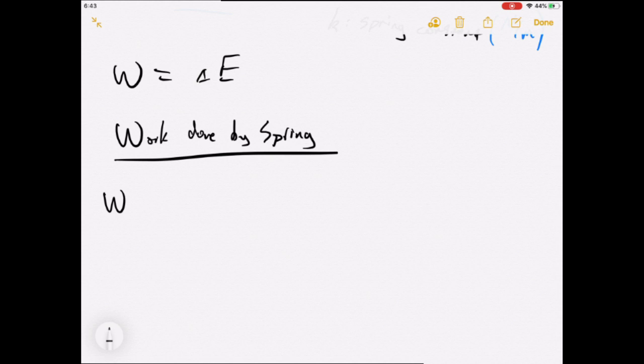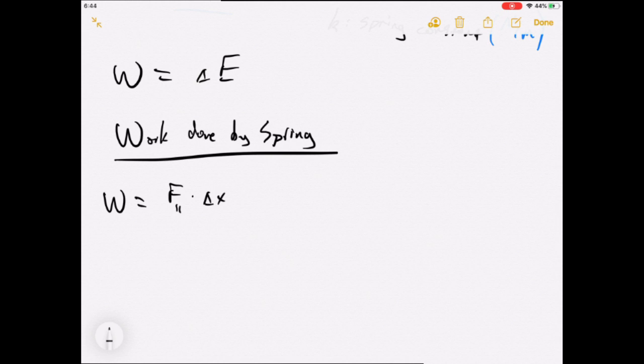Well, work is force over some distance, and sometimes we say F parallel. But here, the spring force and the displacement of the spring are definitely parallel. Really, they're anti-parallel, so we're going to have to include that negative sign. But also, the force changes as a function of position.